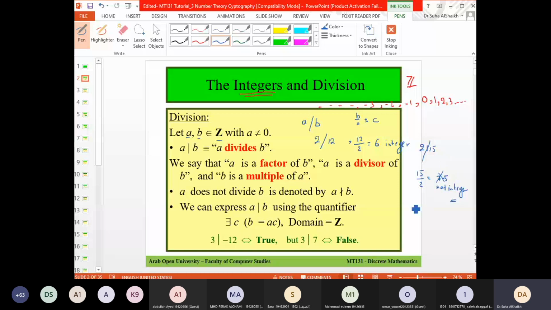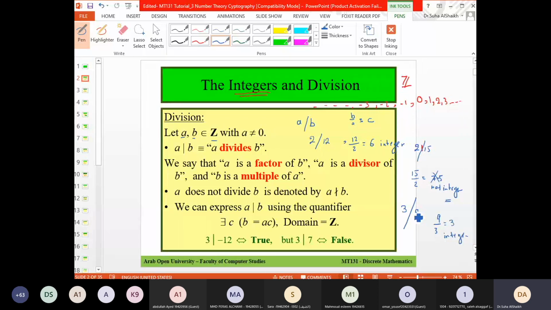One more example. Does 3 divide 9? If the result is not an integer, I say it does not divide. The 3 does divide the 9, because 9 divided by 3 is equal to 3. Is it an integer? Yes, so this is correct. Let's try this.